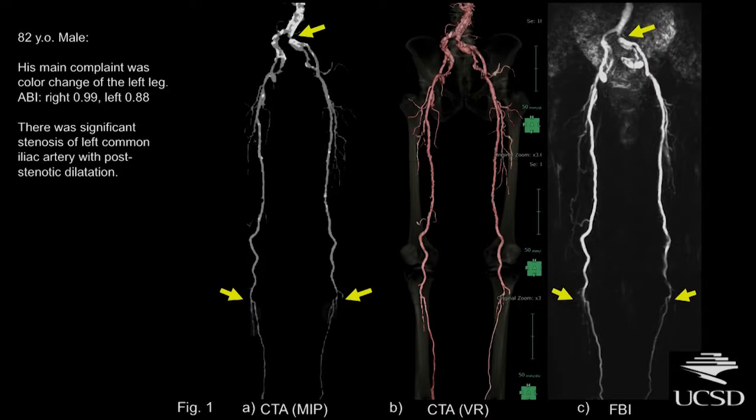The paper was at 1.5 Tesla, but this was obtained at 3 Tesla. We overcame many issues, and because of the nice signal in 3D, it gives us very nice FBI images.